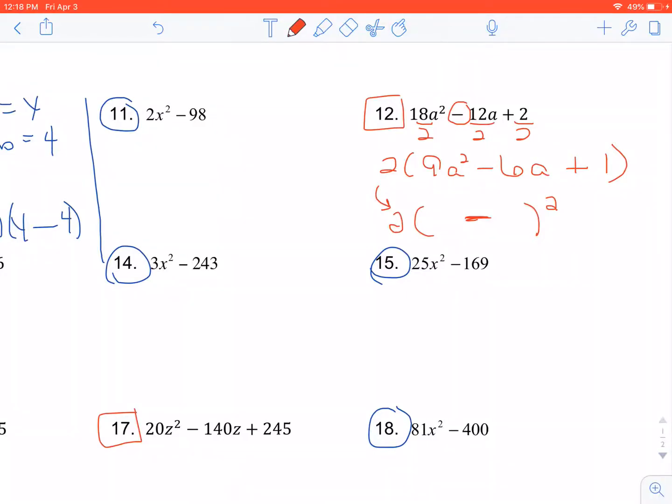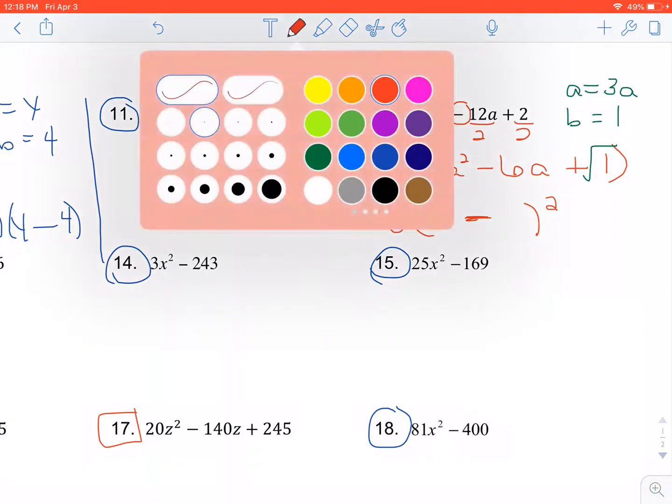And then the last step is to take the square root. My a term, the square root of 9 is 3 with an a. Square root of 1, this is one that gets forgotten about. The square root of 1 is 1. 1 times 1 makes 1.